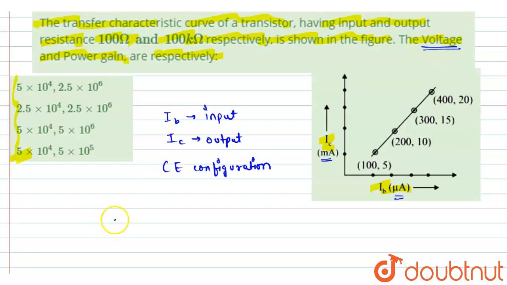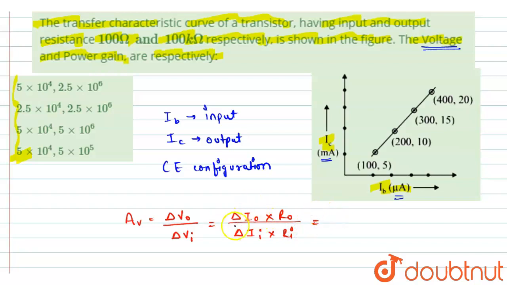Now in the first part we have to find the voltage gain. So we know that the voltage gain is represented by AV and it is given as delta V naught divided by delta Vi, where V naught is the output voltage and Vi is the input voltage. And delta V naught we can write as delta I naught into R naught, the change in output current multiplied by the output resistance, divided by the change in input current multiplied by the input resistance.